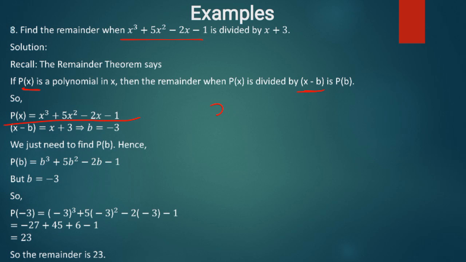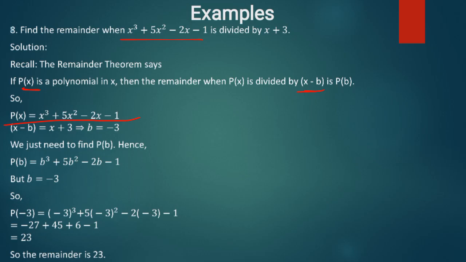Our divisor is x plus 3. Let's use the yellow pen, it seems brighter. The remainder theorem says it is x minus b. So how do we get our values? You just simply equate them. So let's equate and find out what our b will be.